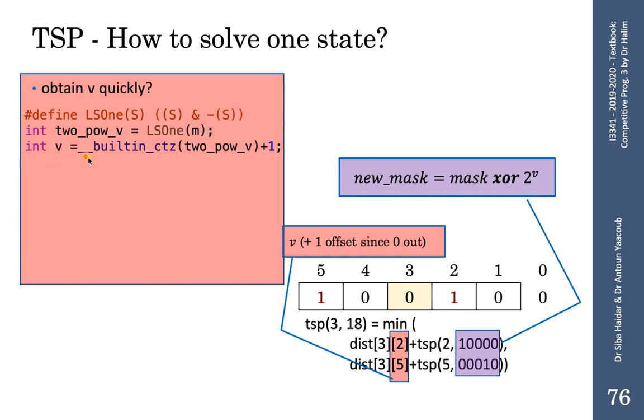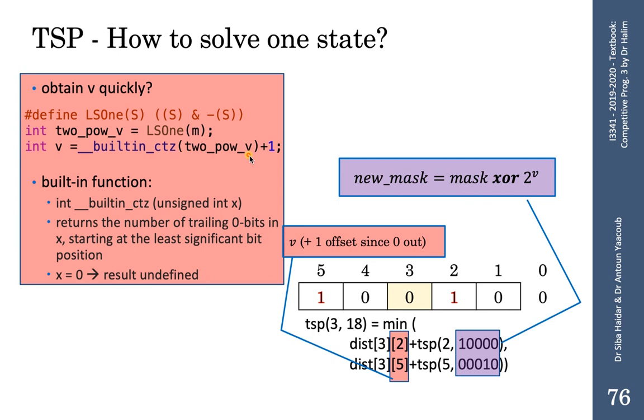V is obtained using a built-in function, which is built-in CTZ, of 2 to the power V plus 1. What does this function return? Built-in CTZ, you give it an unsigned integer x, and it will return the number of trailing 0 bits in x.